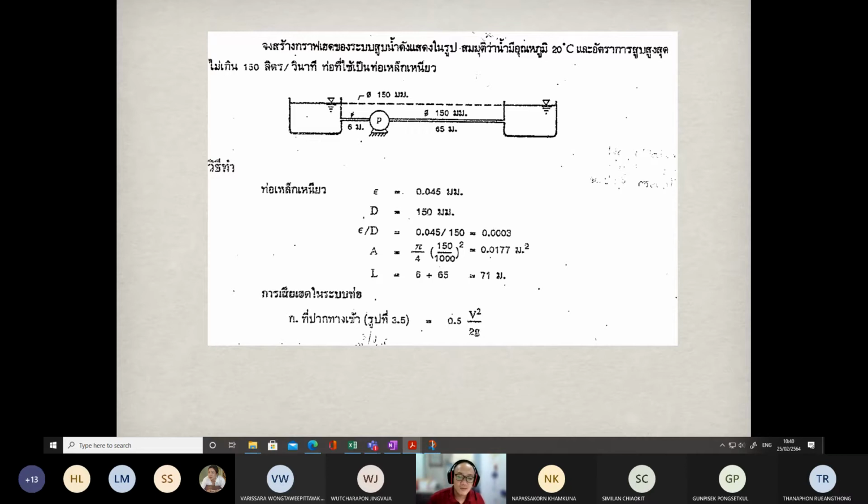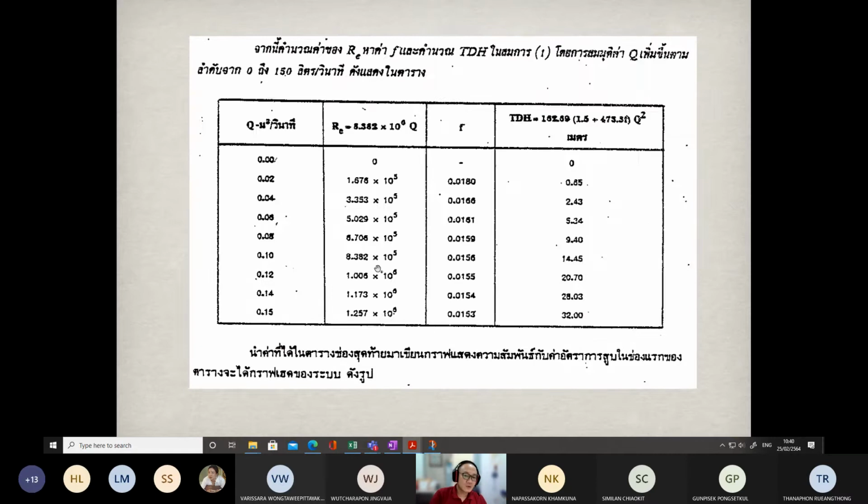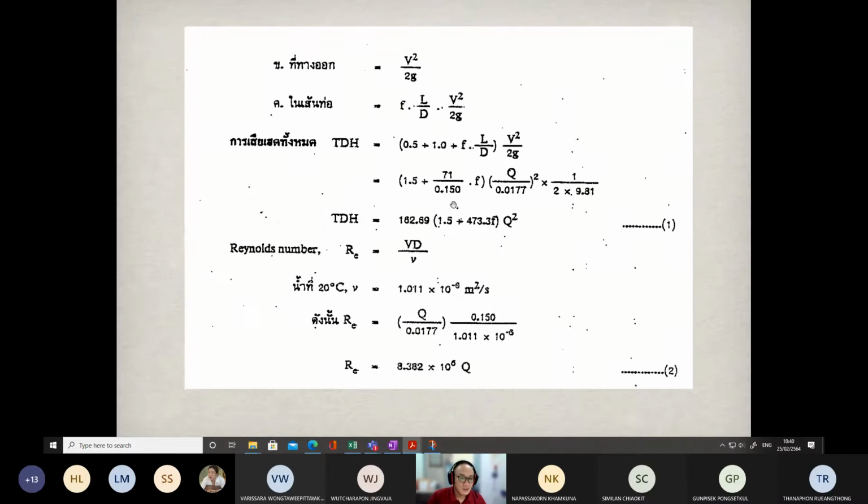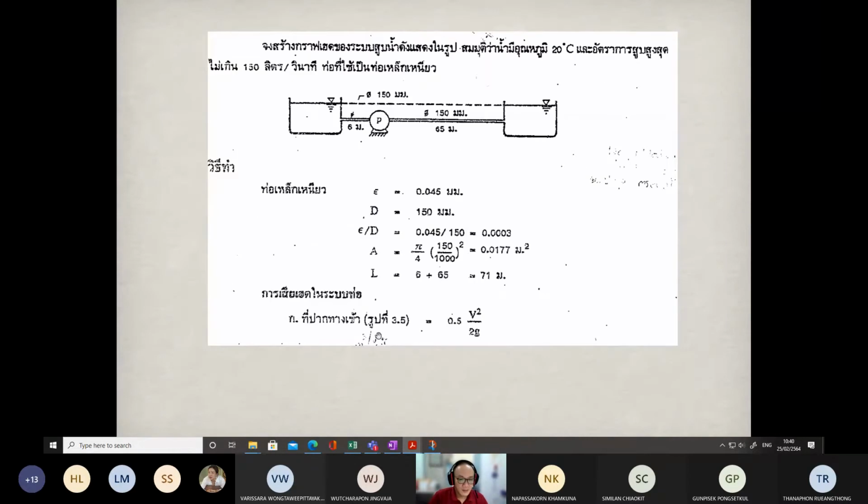By the way, in this one there is no static head because the water levels are equal. So if you want to determine the HQ curve, the system head curve actually looks like this. It is equal to the major loss plus the minor loss. So what you have to do is determine the minor loss. Minor loss is K V squared divided by 2g.